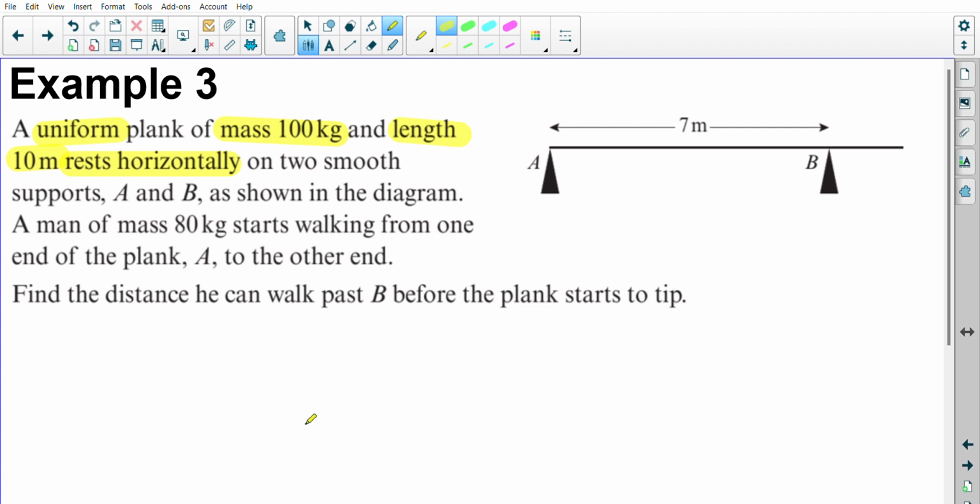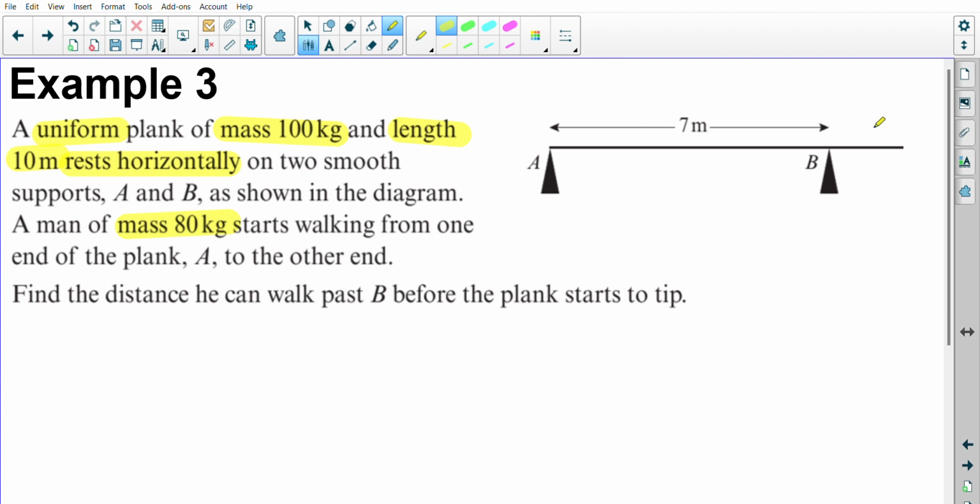So we need to find the distance he can walk past B before the plank starts to tip. So he should be supported by the supports A and B, between A and B when he's walking. It's when he gets past B is when the plank should start to tip.